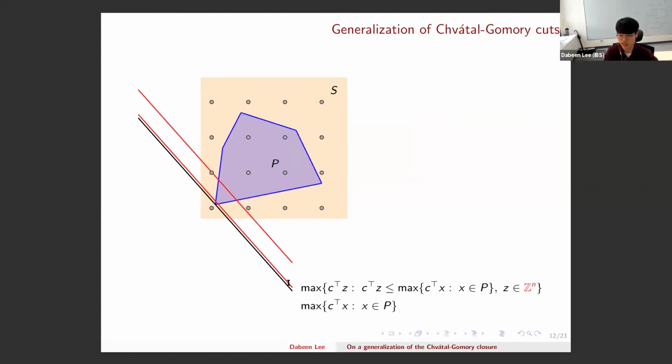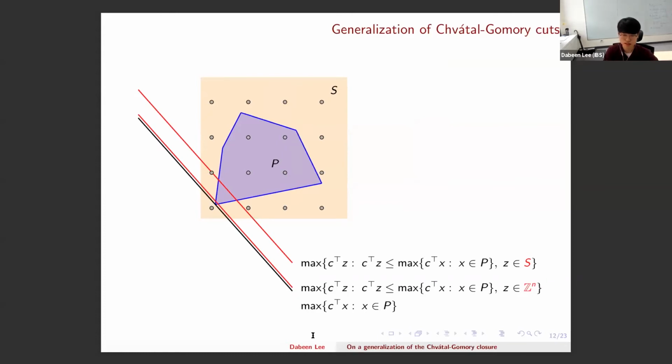That's the blocking point from the lattice space. The value for the new inequality is obtained by replacing this Z^n by S. So you are finding an integer point in S that's closest to this black hyperplane. That will be the blocking point.